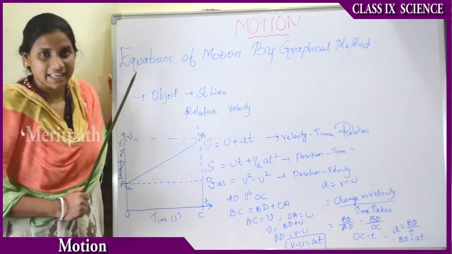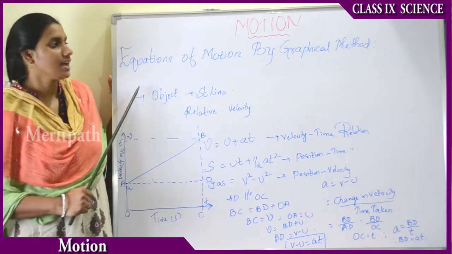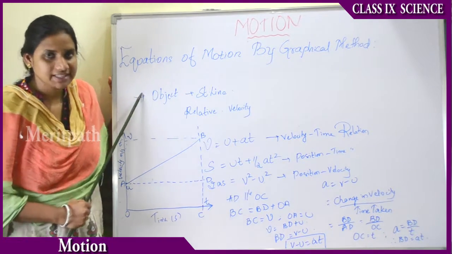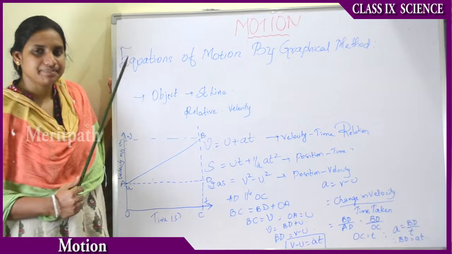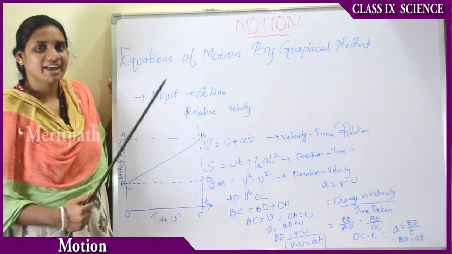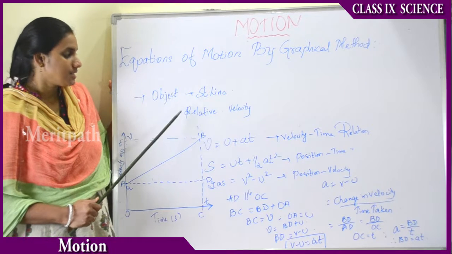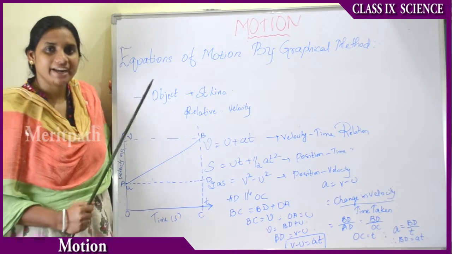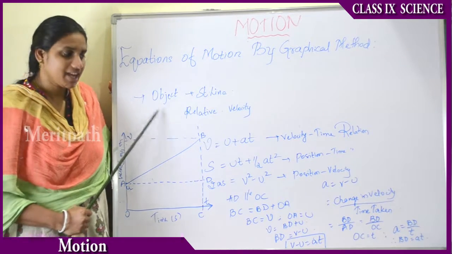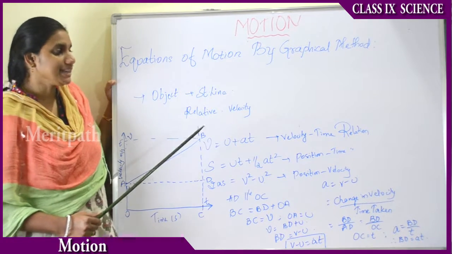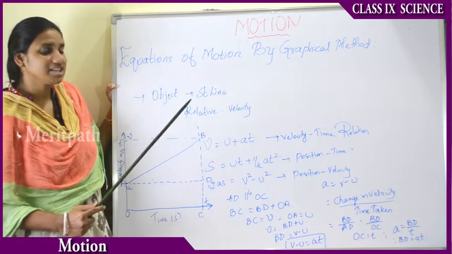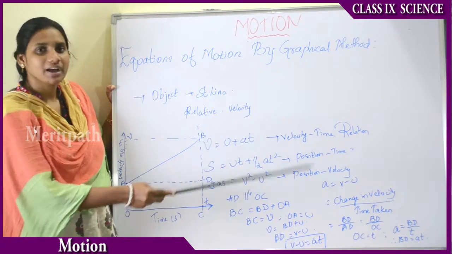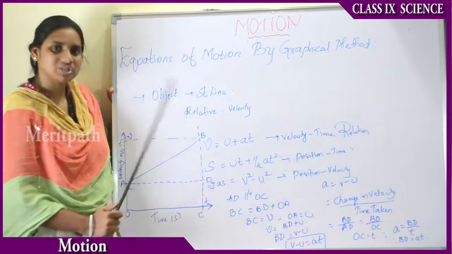Let us see the equations of motion by the graphical method. When an object is moving in a straight line, we can relate the velocity, acceleration and distance of that particular object. That is, we get the relations between velocity and time, position and time, and position and velocity.